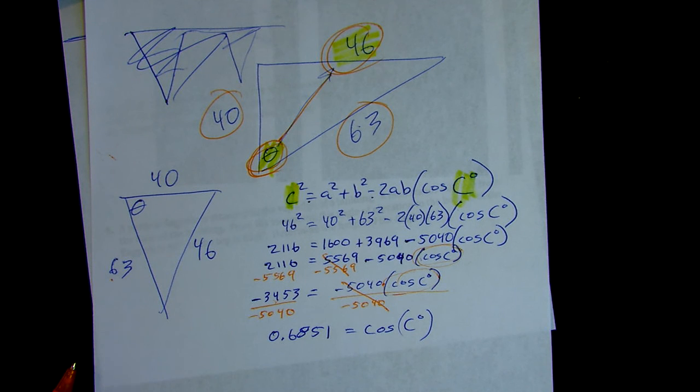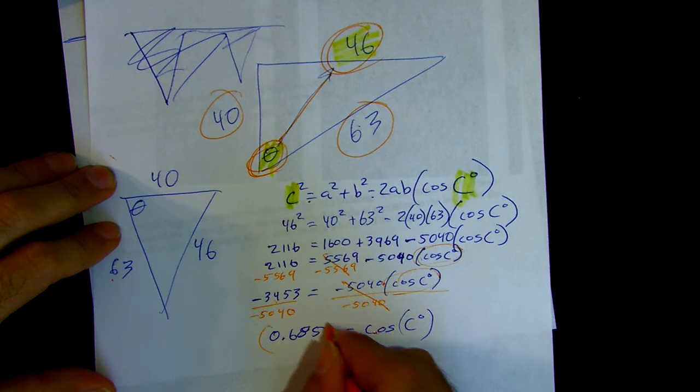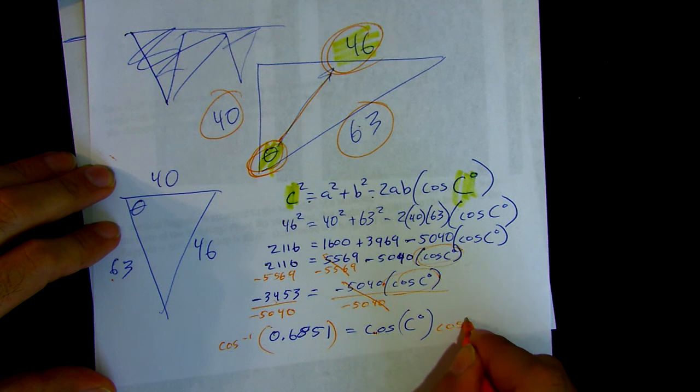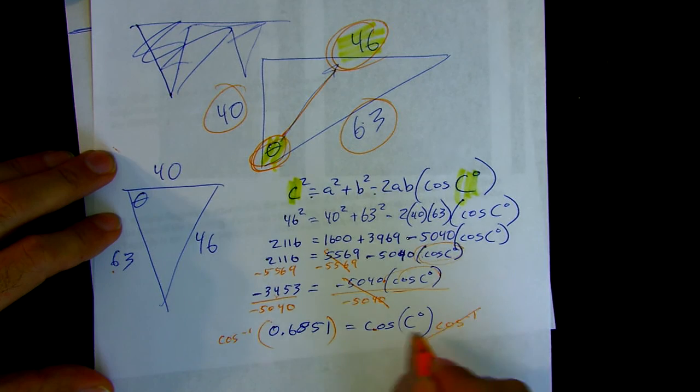Believe it or not, we are finishing this up. I can't take the cosine of an angle I don't know. I need to find the angle. So I need to do the inverse cosine, cosine negative 1 on both sides. That cancels the cosine on the right side.